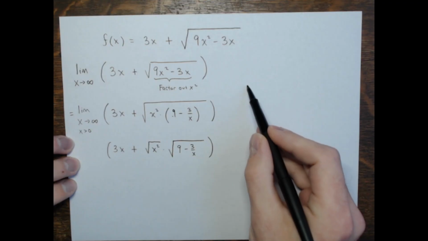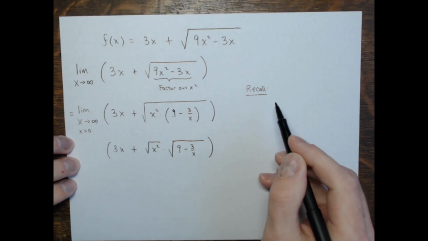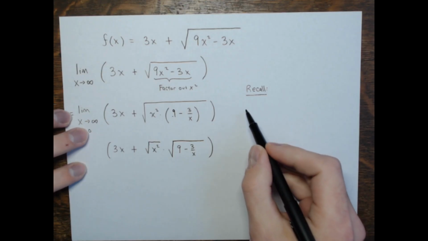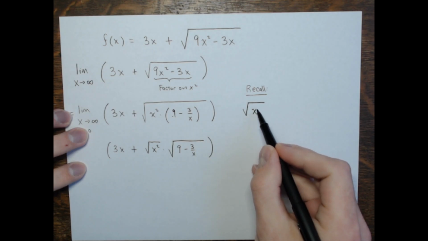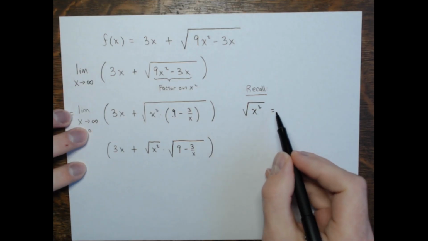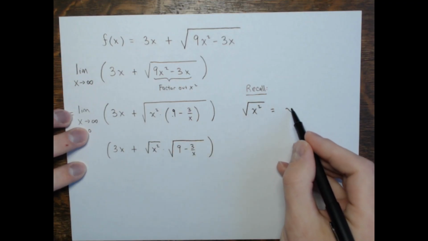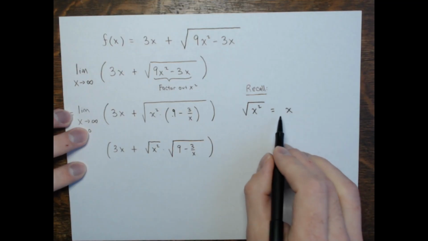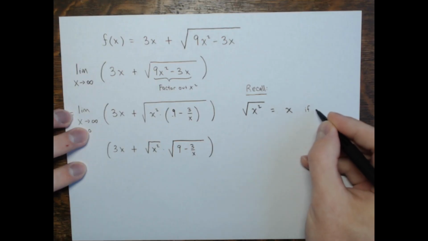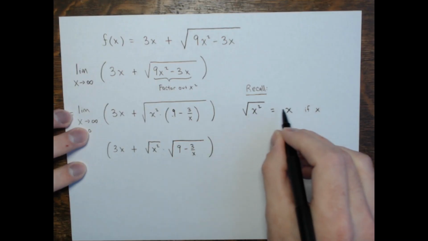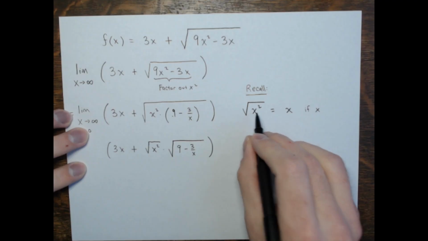Now, hopefully you recall from a previous algebra or pre-calculus class, the square root of x squared. Remember, this is the positive square root, so it's not just x all the time. It's only x if that's actually a non-negative number. Your result should be the non-negative square root of the value.